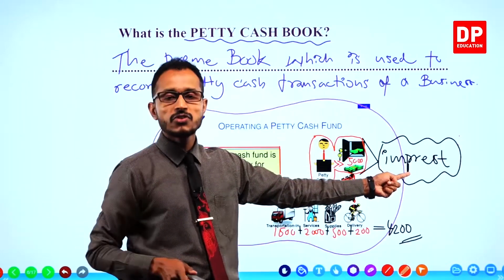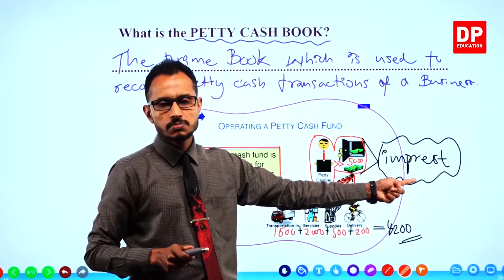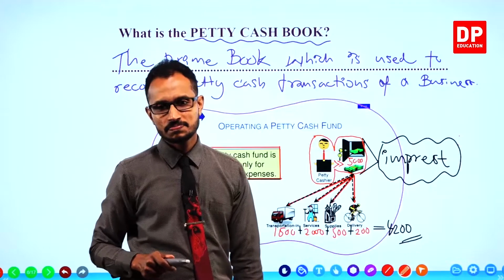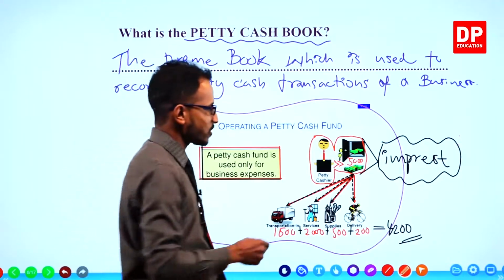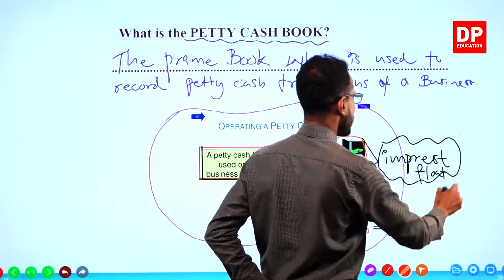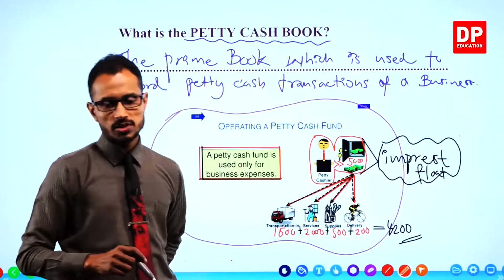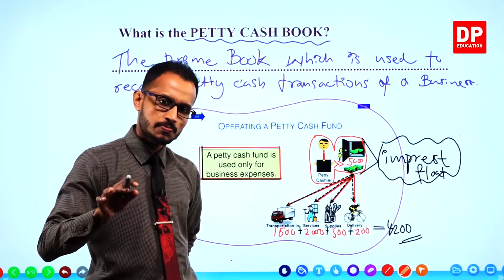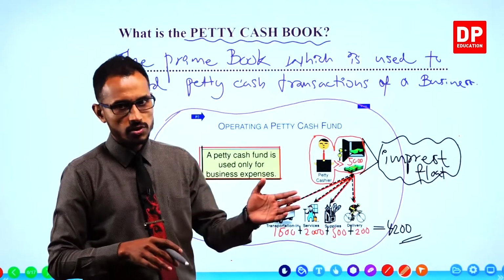That is the total amount of money or the fund which he keeps. It's known as the imprest. Sometimes it is known as the float, petty cash float. Imprest or float. Don't use both names. Use one name, imprest or float.